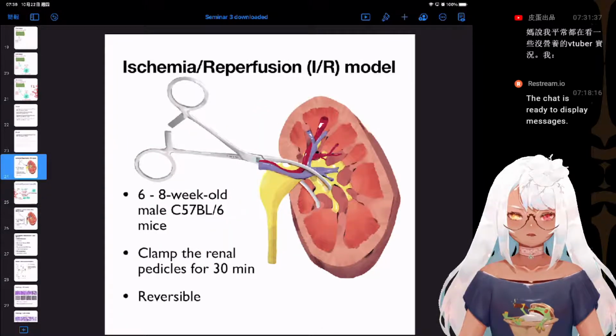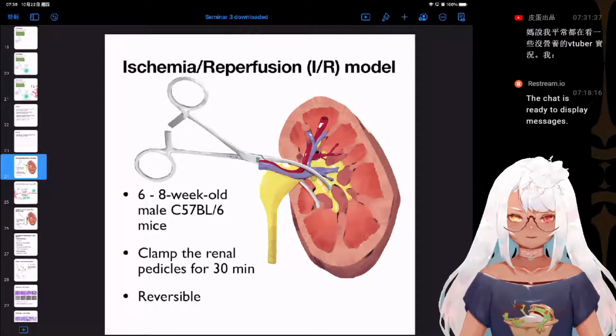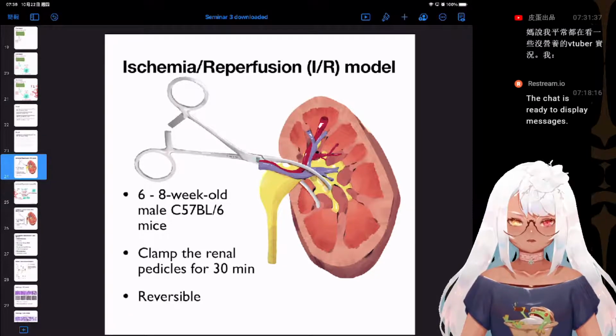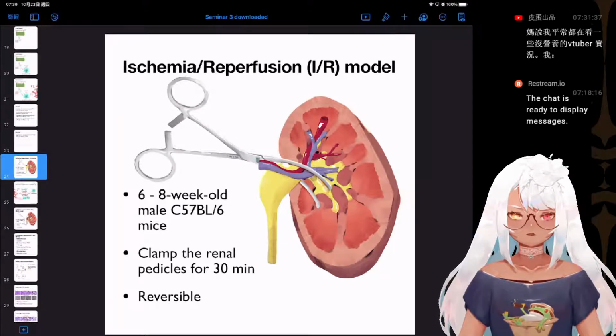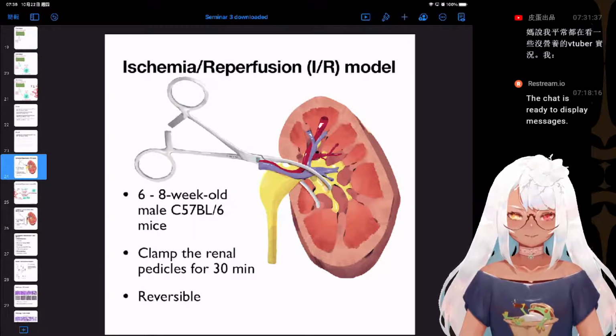However, it's like a reversible model, because we see that it's only clamped for 30 minutes. After that, it's released, so in this model, the kidney will eventually be repaired.